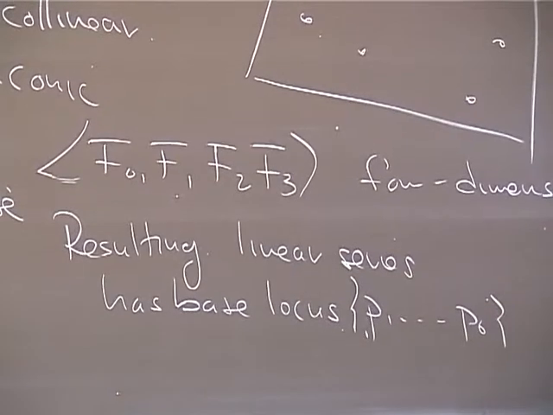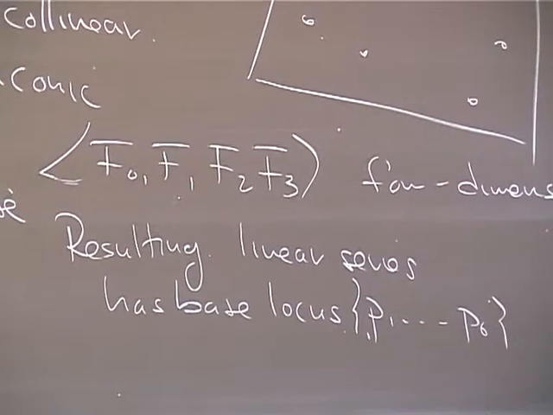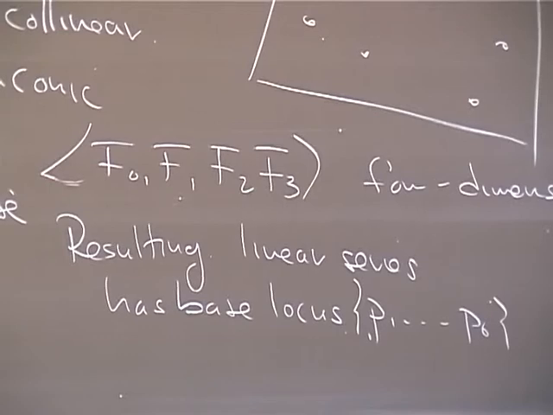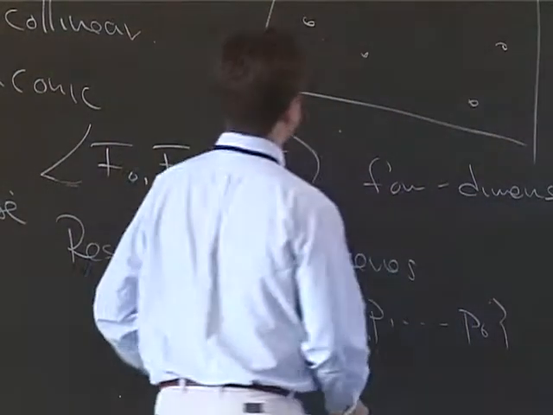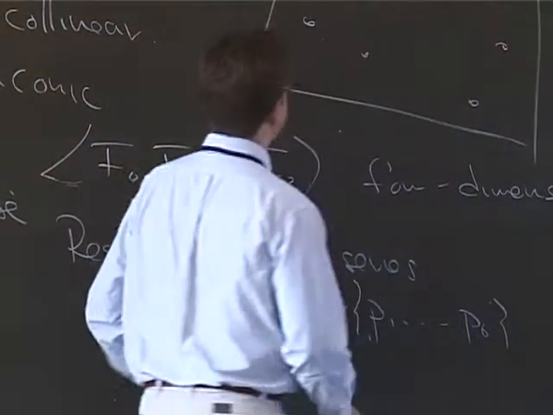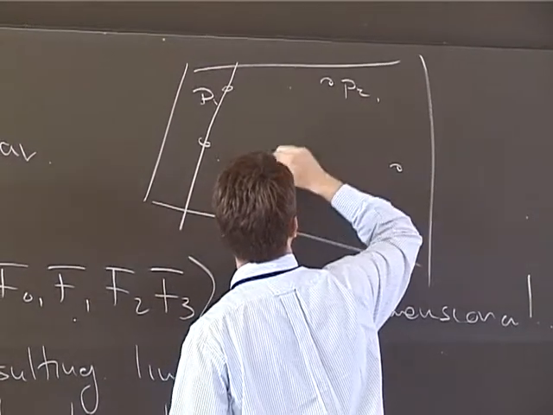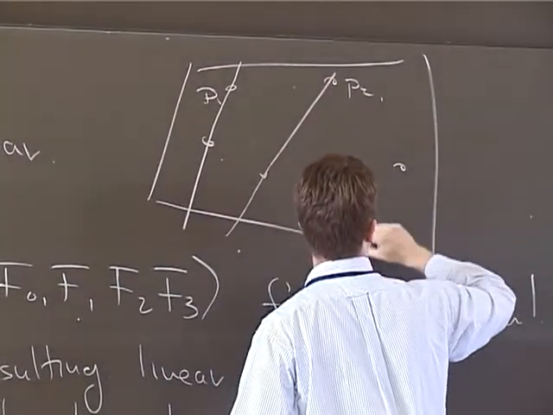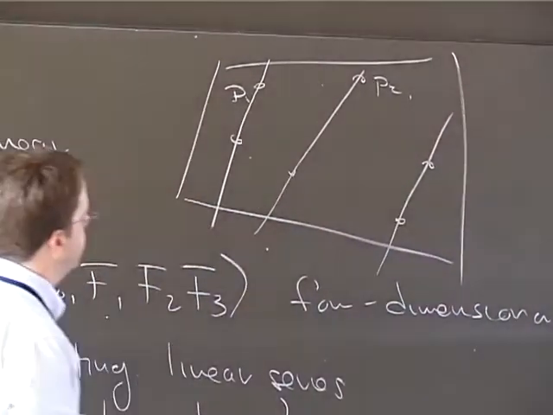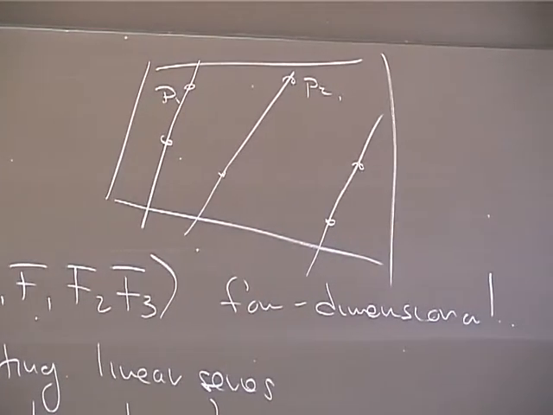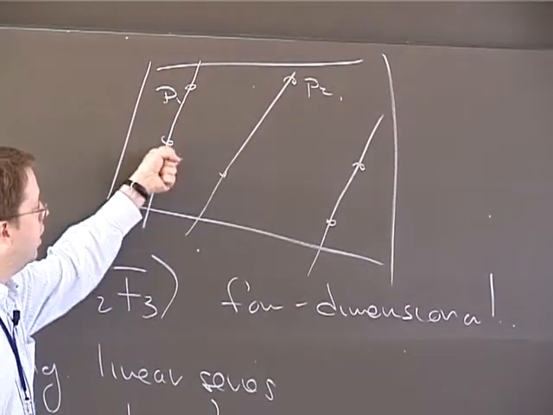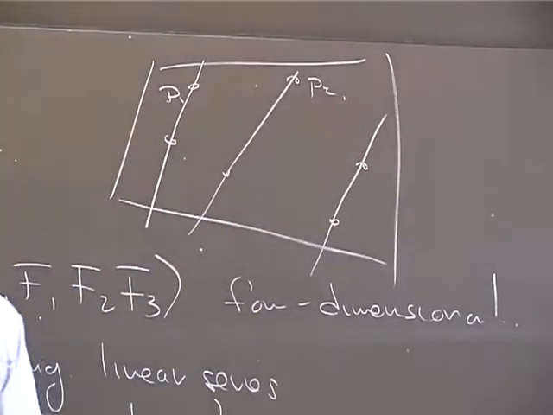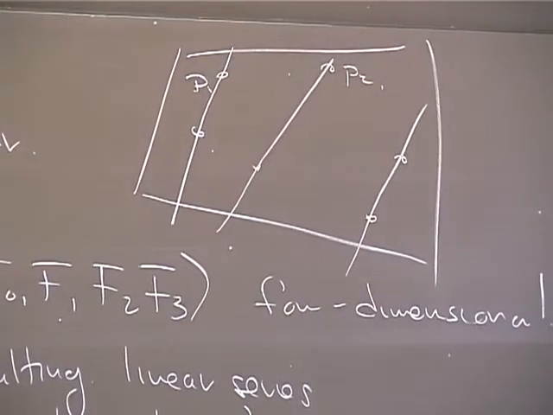Another way of saying this is that there are no other points in the plane where these cubic polynomials are simultaneously 0. So one way to produce a cubic polynomial that vanishes at all these points is you can just take lines like this. This is an example of a cubic polynomial vanishing at 6 points. You just take the linear equations satisfied by lines joining pairs of the points. This is a concrete example.